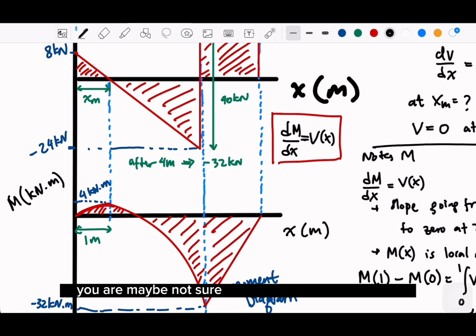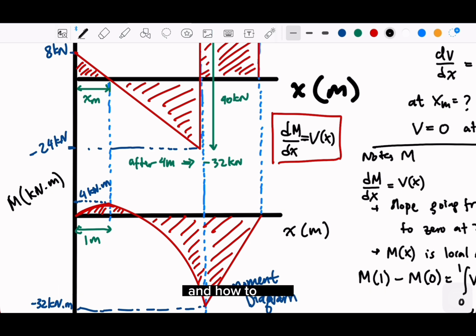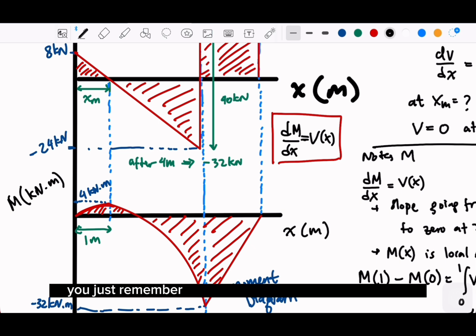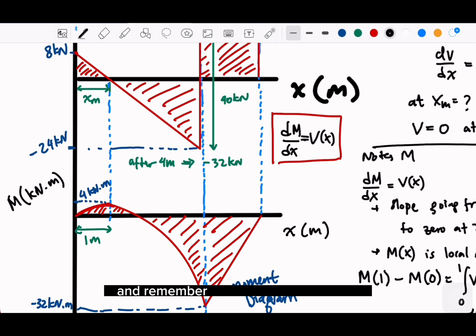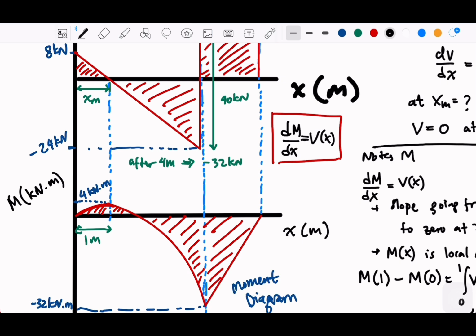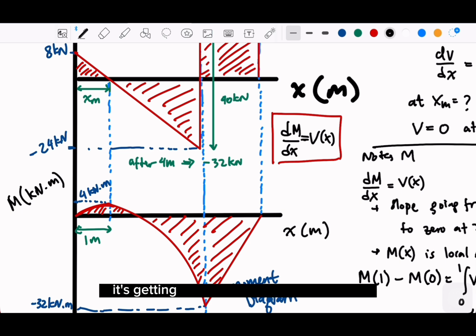If you are maybe not sure whether the graph is correct and how to start, just remember that if you want to draw the moment, the moment itself is the result of integration of V, or we can also see that V is the derivative of M. So from this part here, we have slope, right? It's getting positive, positive, positive, right?